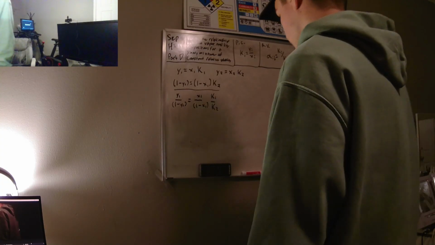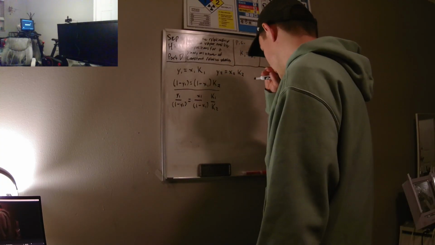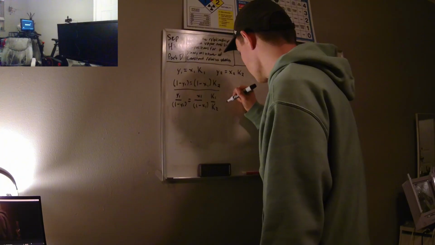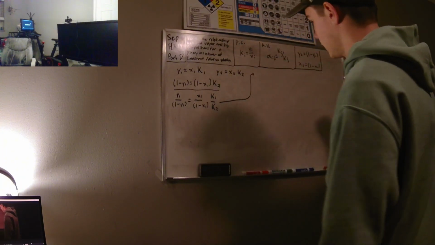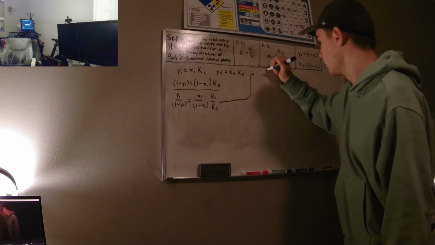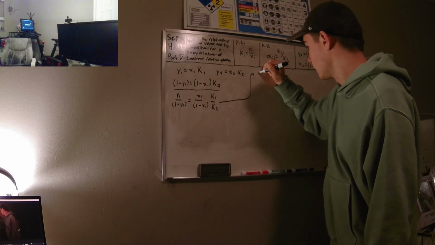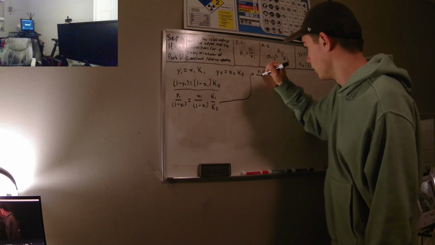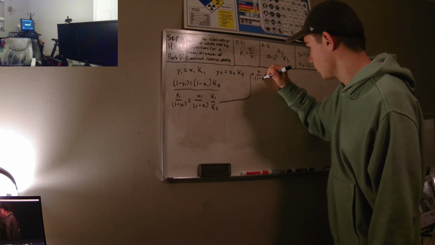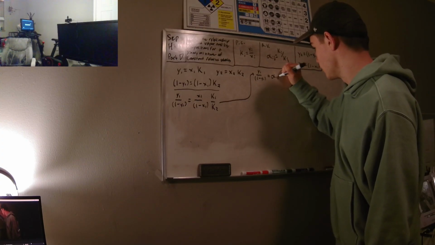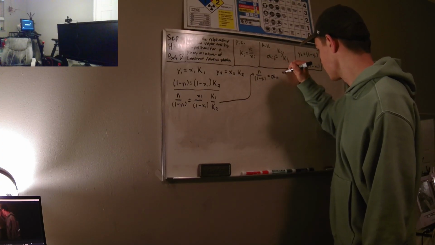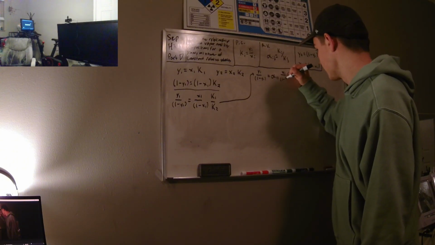Of course, K1 over K2 looks familiar because that is our relative volatility for components 1 and 2. So, let's go ahead and sub that out. We can say that y1 over 1 minus y1 equals alpha 1,2 times x1 over 1 minus x1.